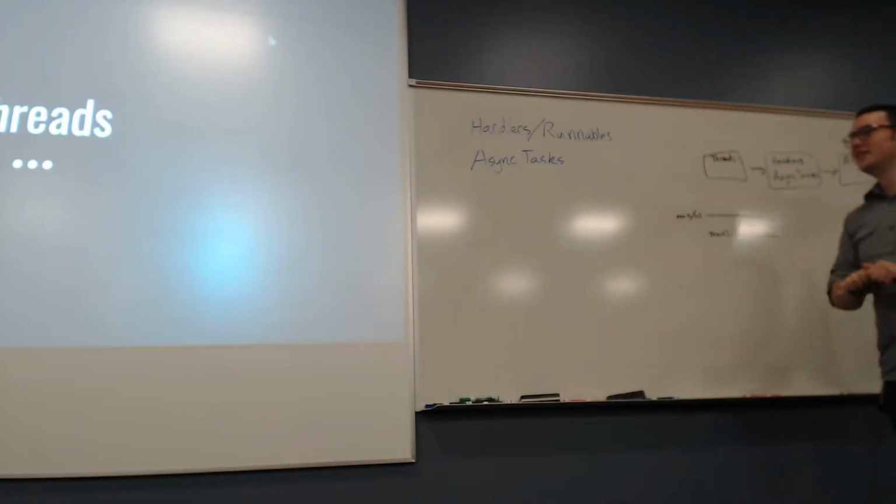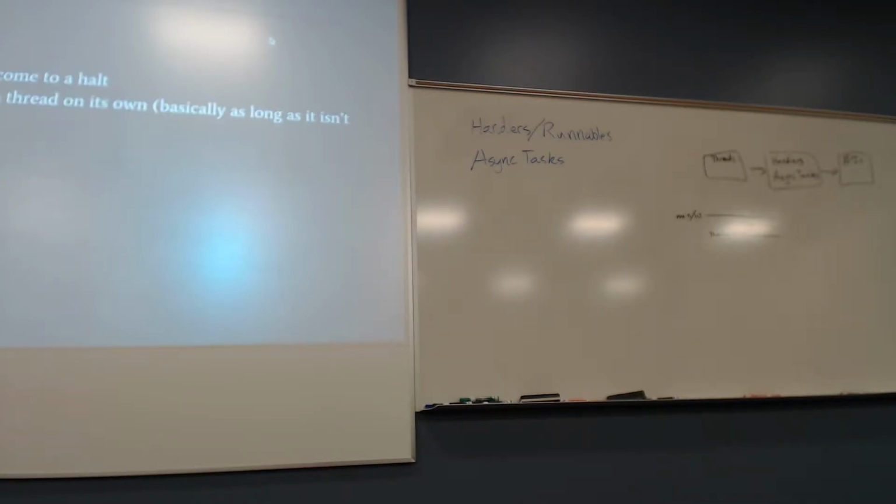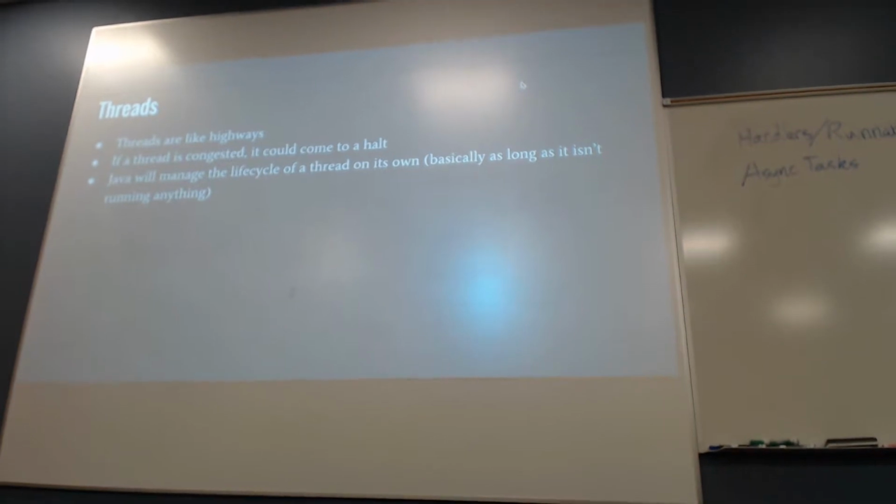But at a high level, threads work the same in Android as they do in Java. If you don't know what threads are, they're basically a highway for your code to run. In Android, the default thread is the main/UI thread. All of your onCreate, your button clicks, changing the text of something, is all run on this UI thread.